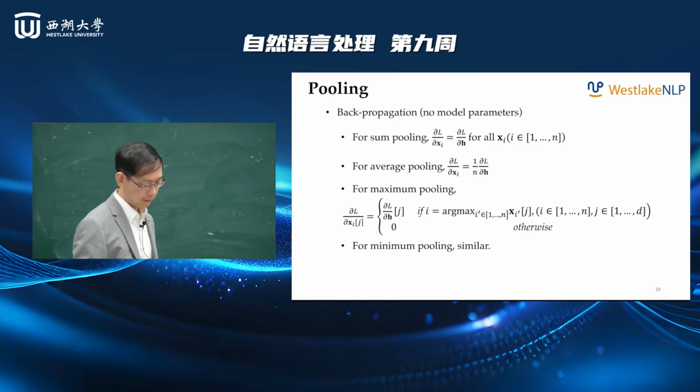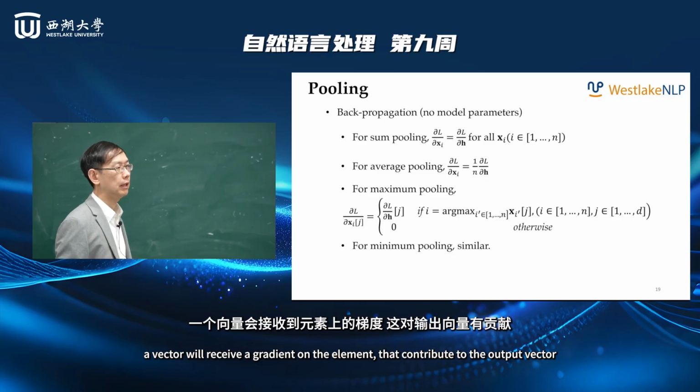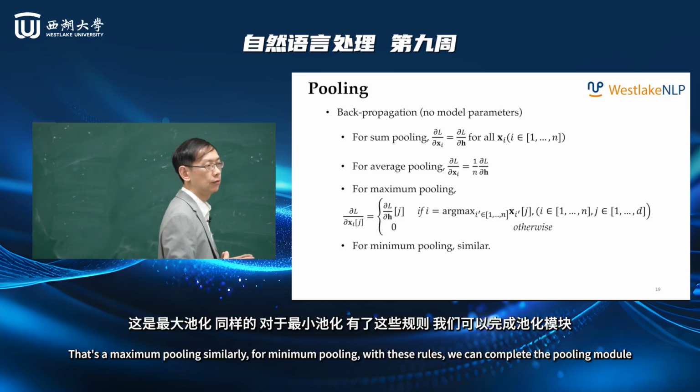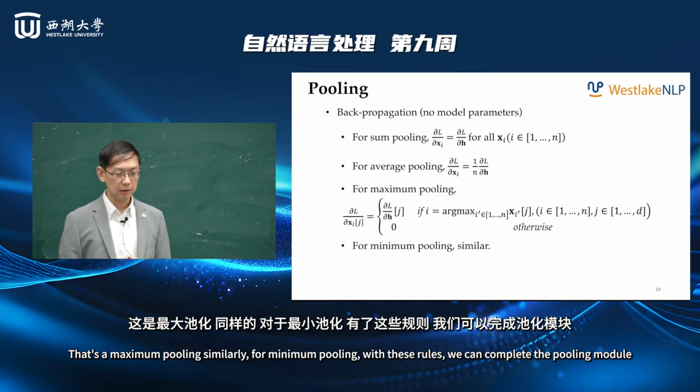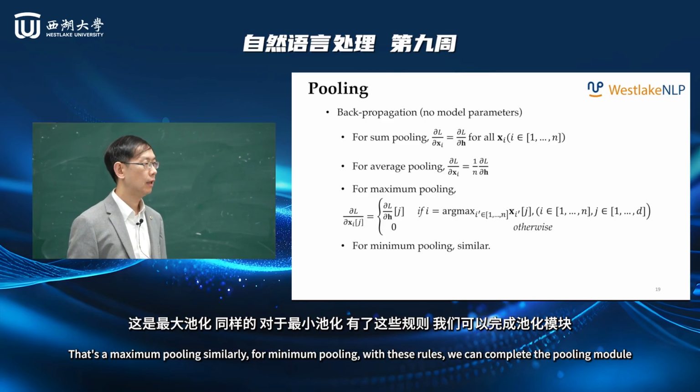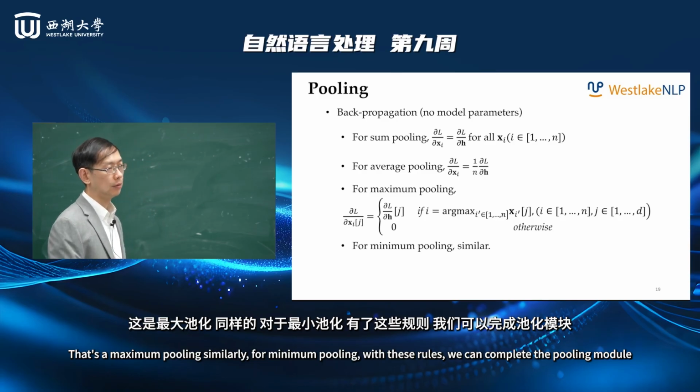A vector will receive a gradient on the element that contributes to the output vector. That's the maximum pooling. So similarly for minimum pooling. With these rules, we can complete the pooling module.